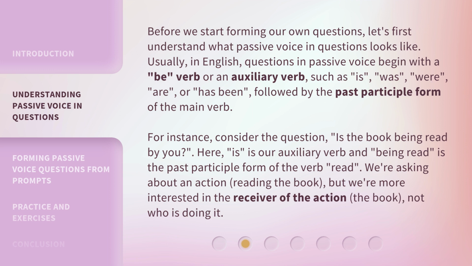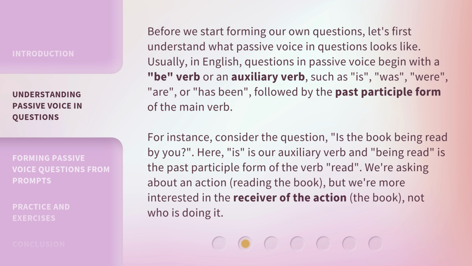Before we start forming our own questions, let's first understand what passive voice in questions looks like. Usually, in English, questions in passive voice begin with a be verb or an auxiliary verb, such as is, was, were, are, or has been, followed by the past participle form of the main verb.